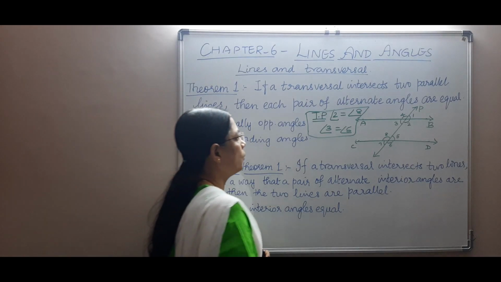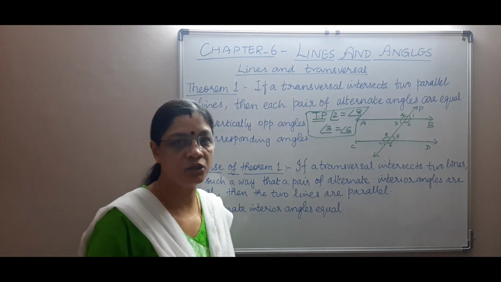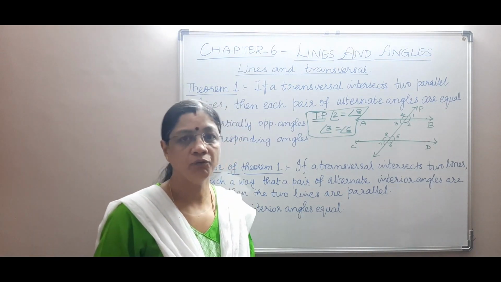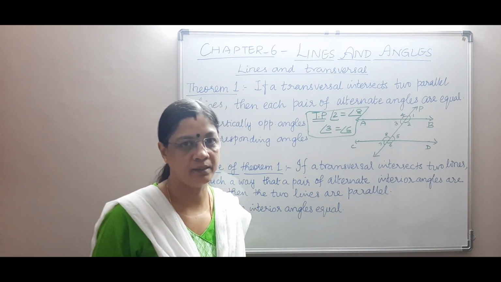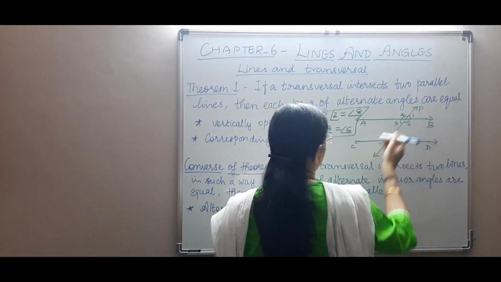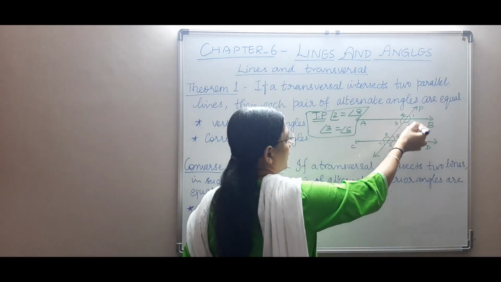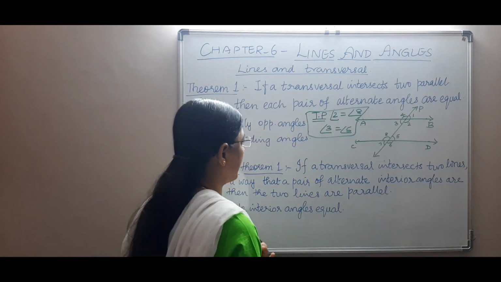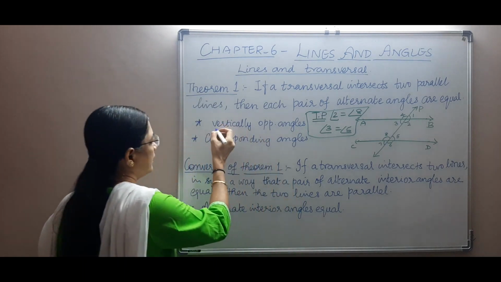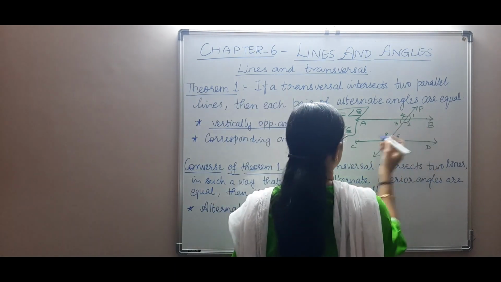Now we know vertically opposite angles are equal, isn't it? I told you two facts: vertically opposite angles are equal and corresponding angles are equal, isn't it? So for vertically opposite angles, we take 2 and 4. Okay, first we'll take the pair 2 and 4. What are vertically opposite angles? 2 and 4.